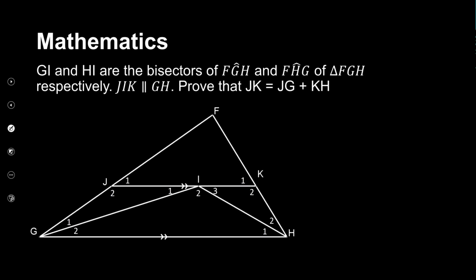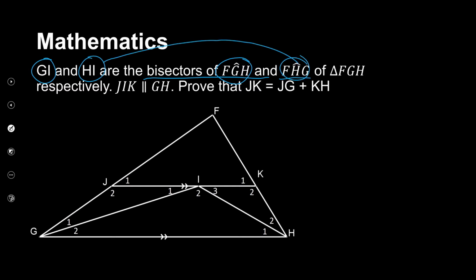When we talk about the terminology respectively, it simply means that is what you are given in the diagram. Here we are told that these are the bisectors of FGH and FHG of triangle FGH, respectively. So this bisects that and this bisects that.